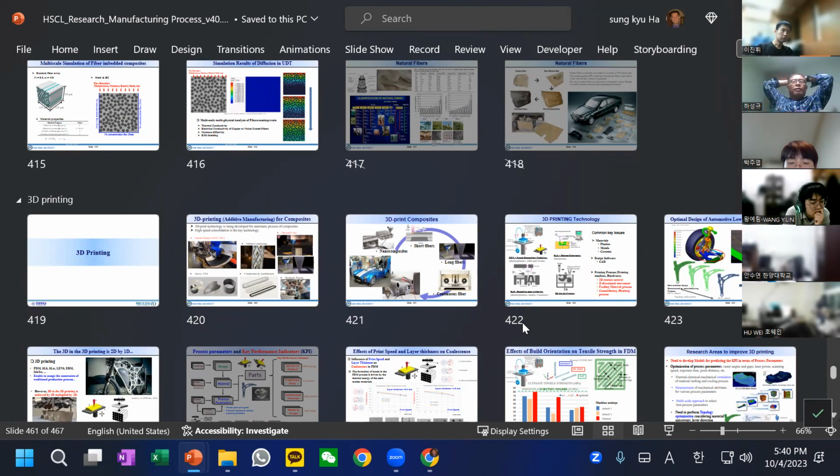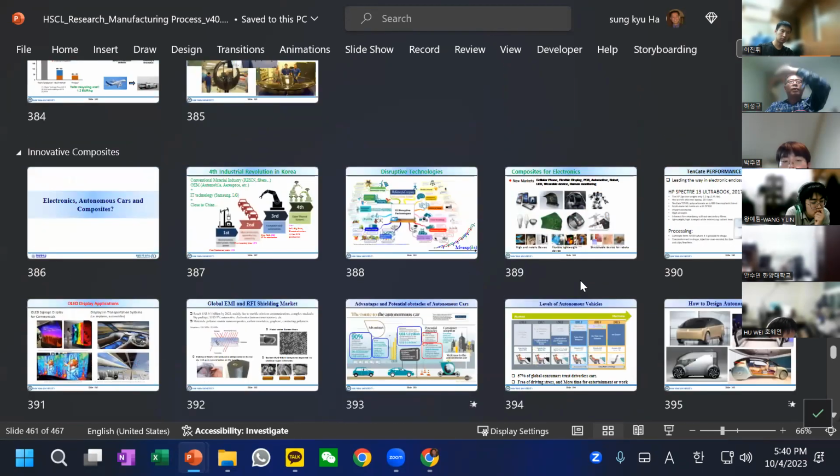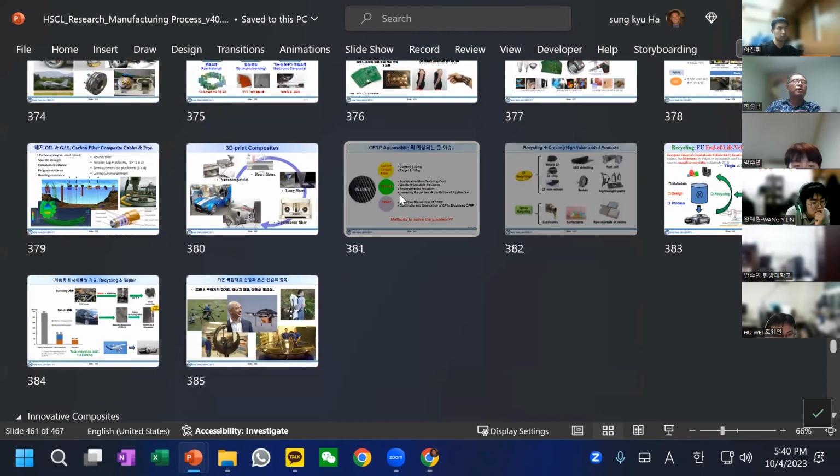And importantly, you need to keep visualizing what will happen in composites and for any kind of structures. Okay, I'd like to close today's class.